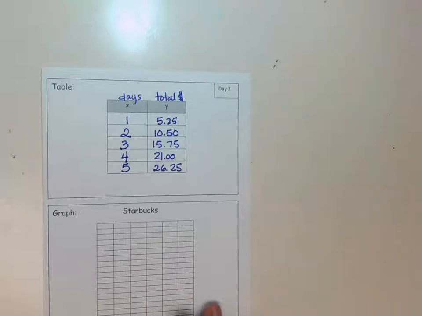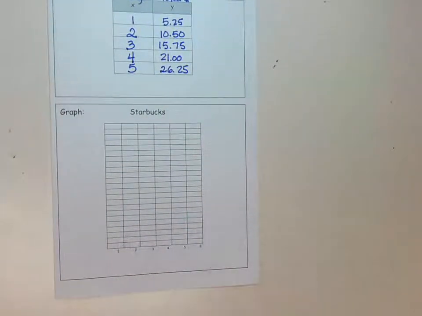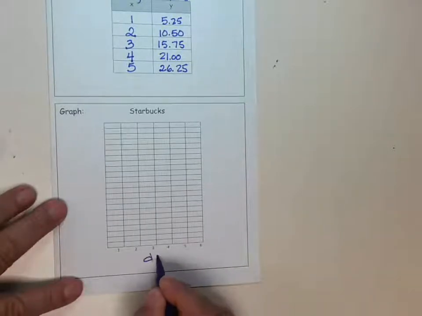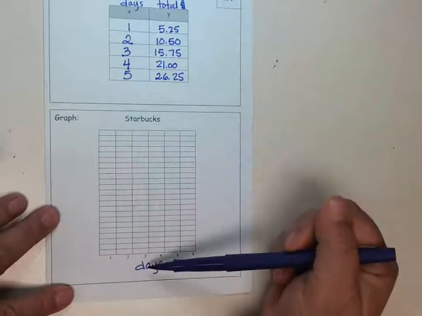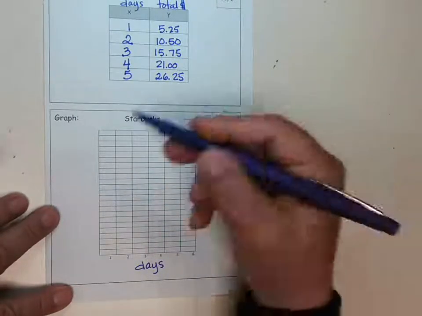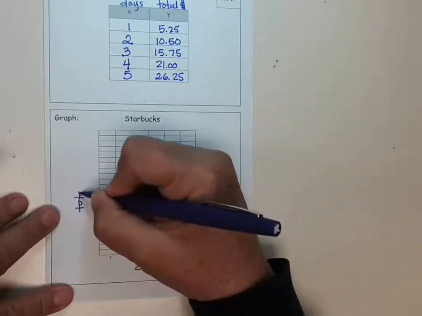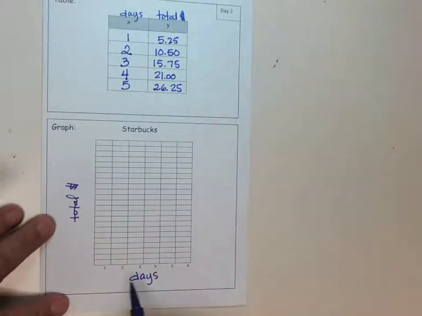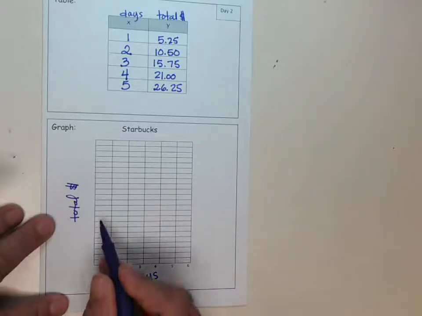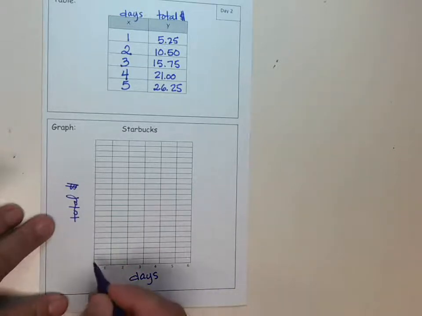Now, if I'm going to graph it, here's my Starbucks order. Down here is the number of days, because remember we said that the X was the number of days, and over here, this would be the total money, right? That's your Y. So X goes side to side, Y goes up and down. All right, we have no money here. I'm going to make it easy, and I'm going to say each one of these is a quarter.